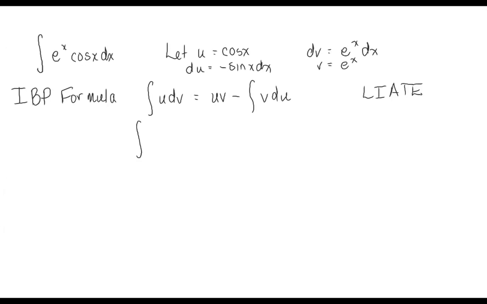Integral of e to the x cosine x dx is u times v, so cosine x times e to the x minus integral of v du, e to the x times negative sine x dx.